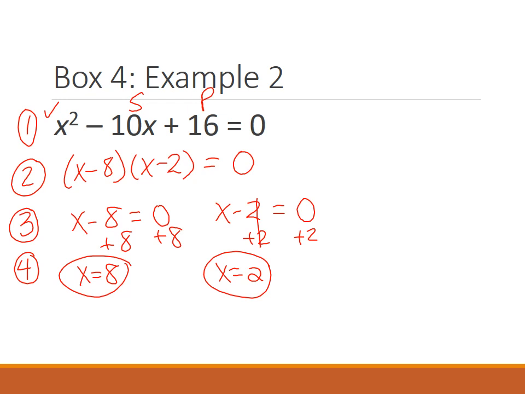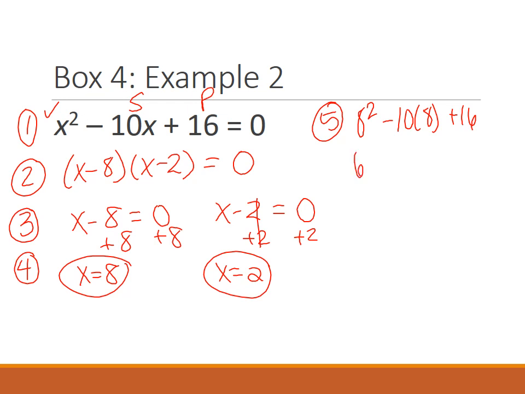And if I wasn't comfortable with my answers, I would take them and plug them in individually. So if I wanted to, I'm like, I believe 2, but I don't know about this 8 business. So on step 5, I would go in and plug in 8. And if I plug in 8 and get 0, then I know I did it right.